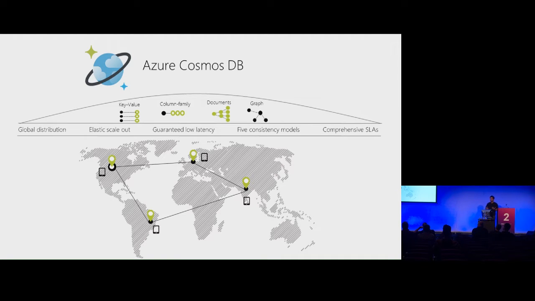Also the consistency levels, which we're going to cover a little bit. And Azure has this awesome comprehensive SLA, which is this contract from Microsoft and their customers, which guarantees 99.99% of availability, latency, and all that, which is pretty interesting.